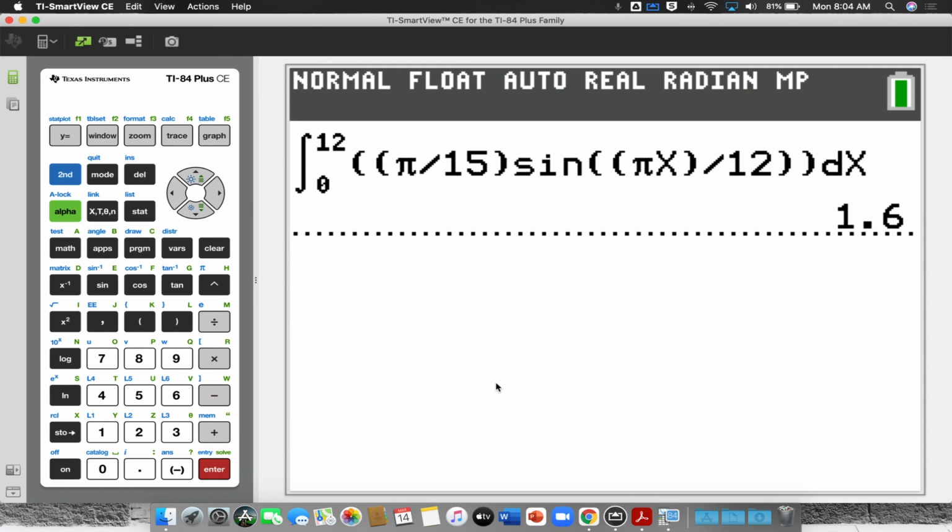If you get some sort of error, it's probably parenthesis related. Or if you get an answer that's different than the answer I'm getting, it's always parentheses related. Add more parentheses or make sure your parentheses are closed. Okay, so 1.6 miles is Larry.